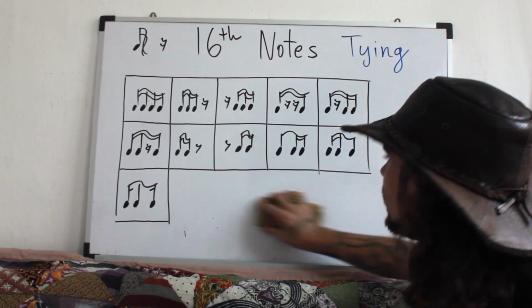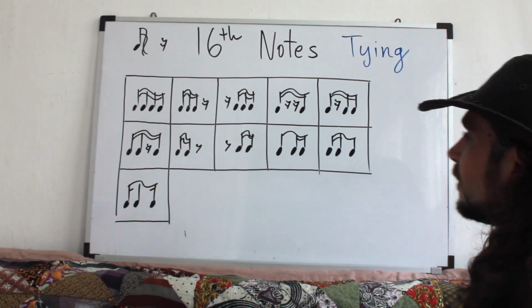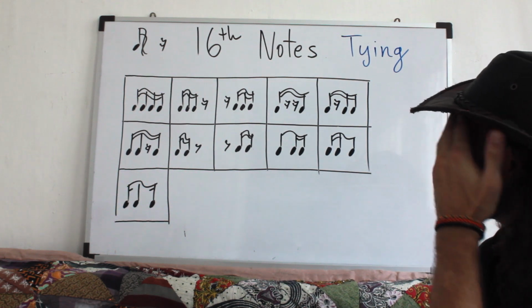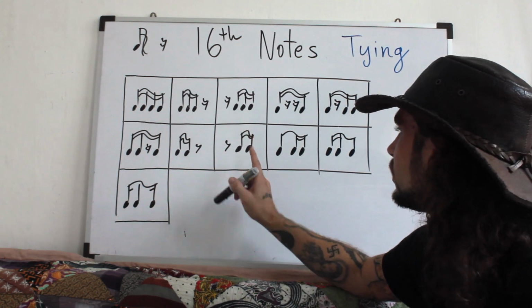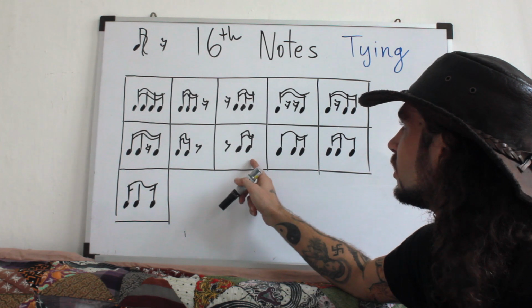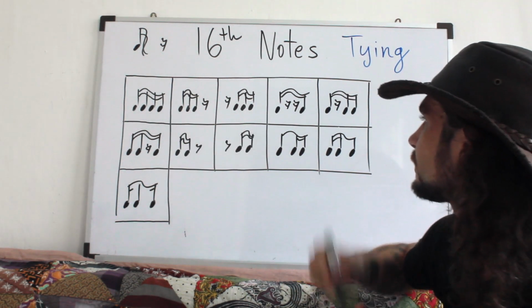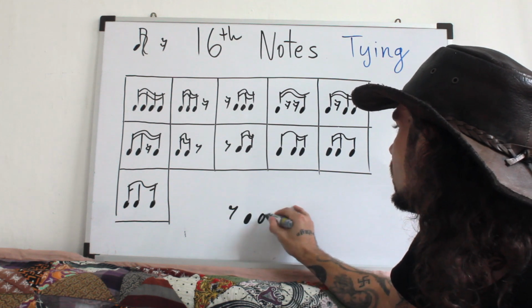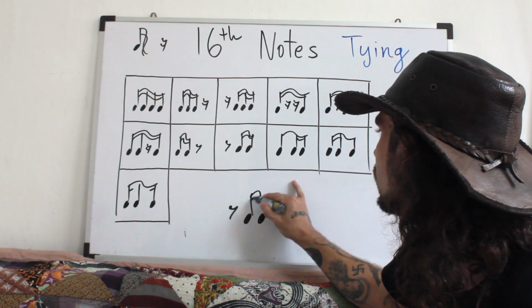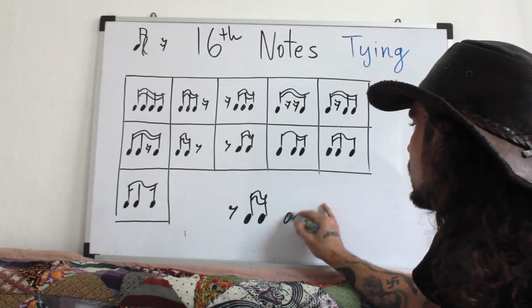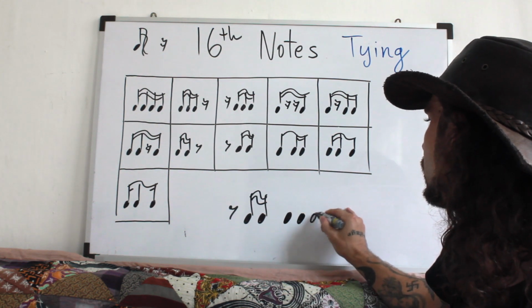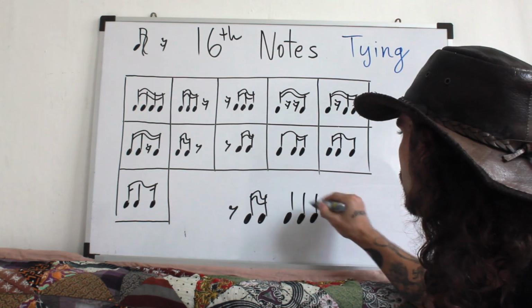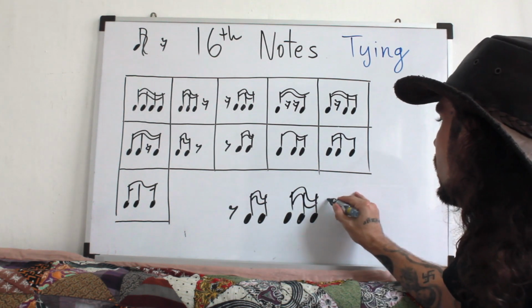All right, let's just do 2 more. Let's do this one. This guy. We got an 8th rest, 2 16th notes. Then we've got 3 16th notes with a rest.